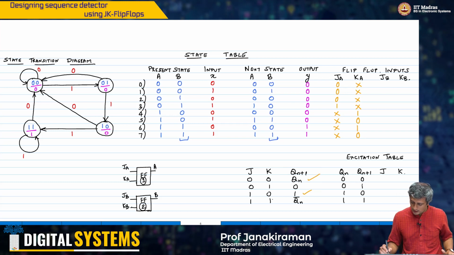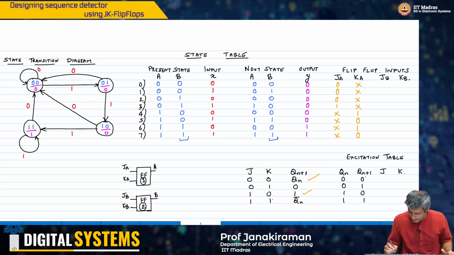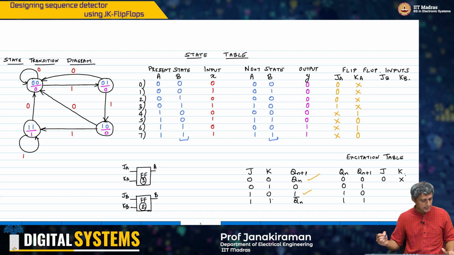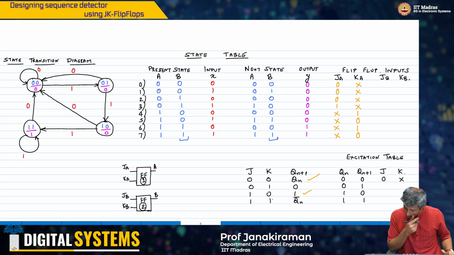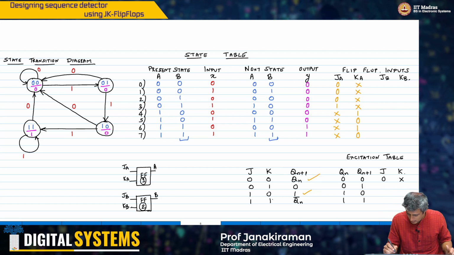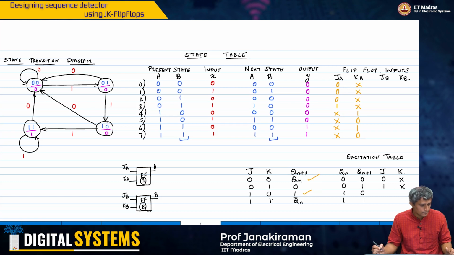So if you look at it, Qn being 0, Qn plus 1 being 0. So again, you're in this condition, which means J has to be 0, K can be anything. On the other hand, Qn is 0, Qn plus 1 is 1. So either you are setting the output or you're toggling the output, and therefore J has to be 1, K can be anything.